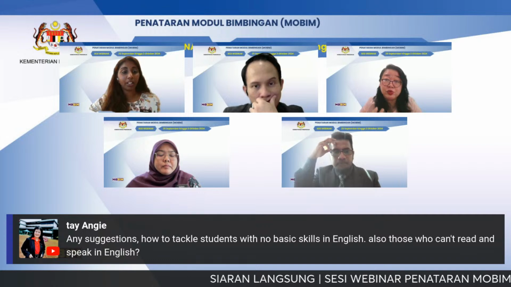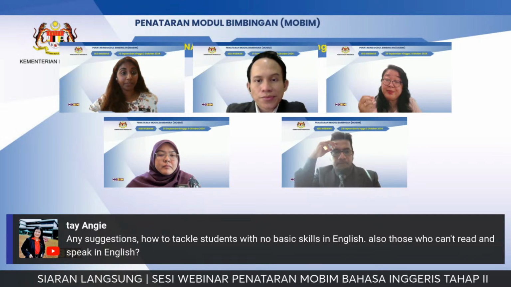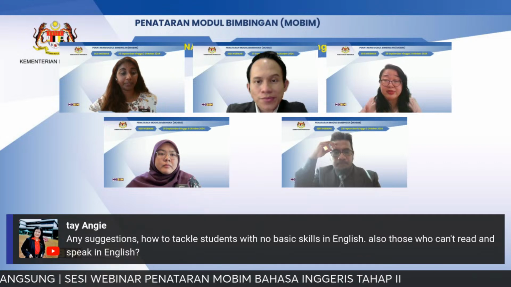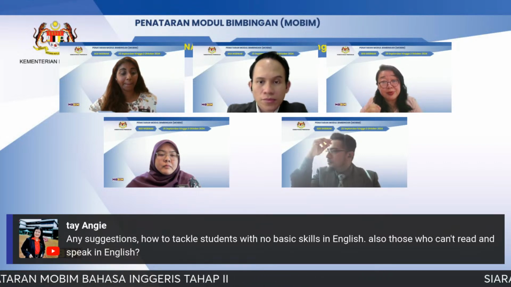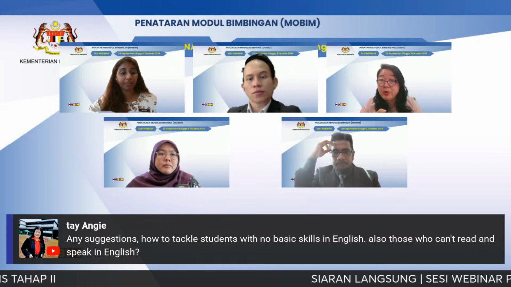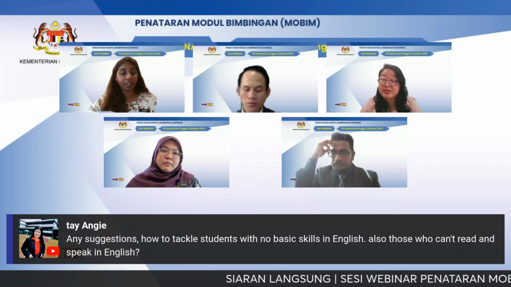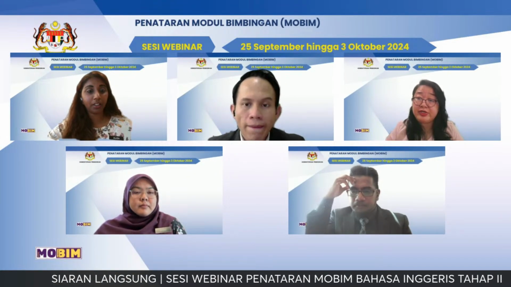Get them to listen to songs, play some stories, or even play music. This is how they get exposure to English. If it's Level 1 pupils, you can give them nursery rhymes. Get them to love the language.